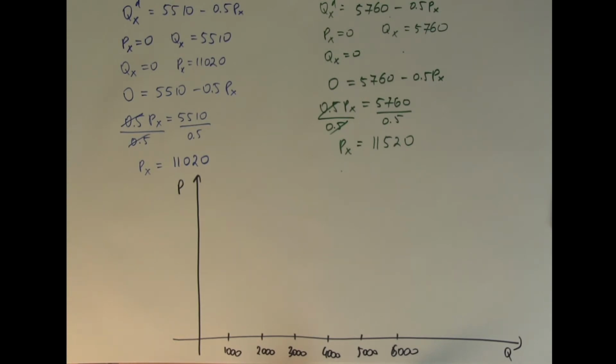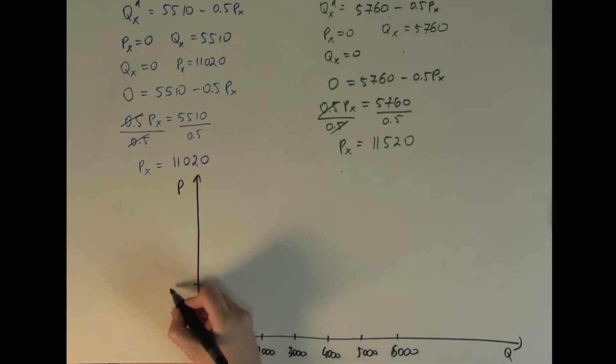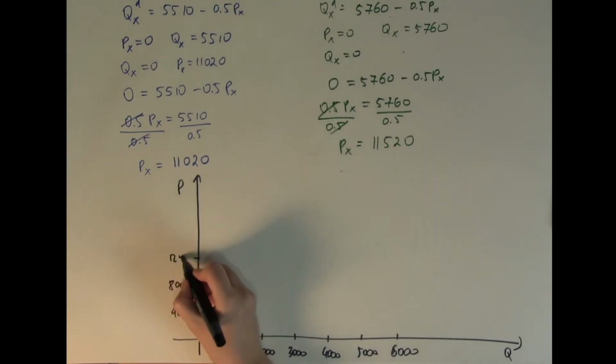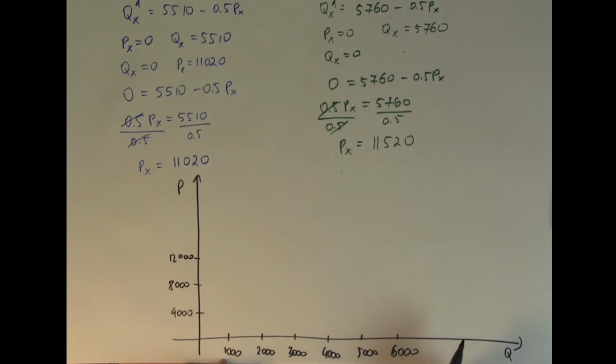So let's go up in 4,000s. And then it gives me 12,000. Now, as you can see, my scale is not detailed enough. So all I can do now is do a sketch, a rough guessing where these points would be.